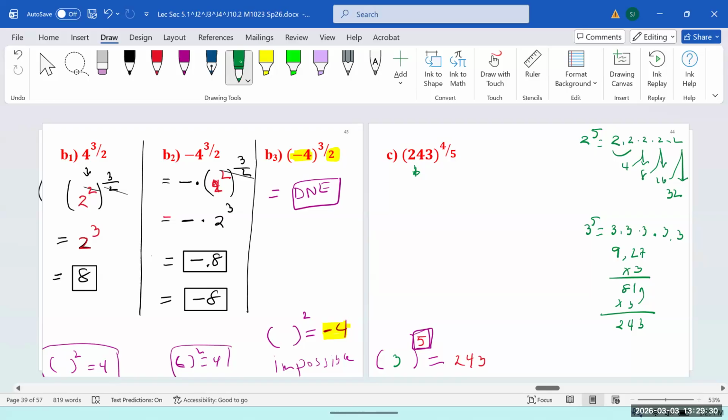We have to rewrite this 243 using the information that it is 3 to the 5. It will cancel out the denominator. We have 4 to the 5 as a power. We rewrote 243 using the 5 power because of the denominator. So that will be 3 to the 4 power equals 81. Perfect.